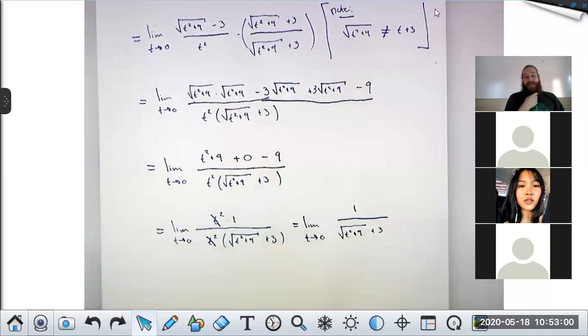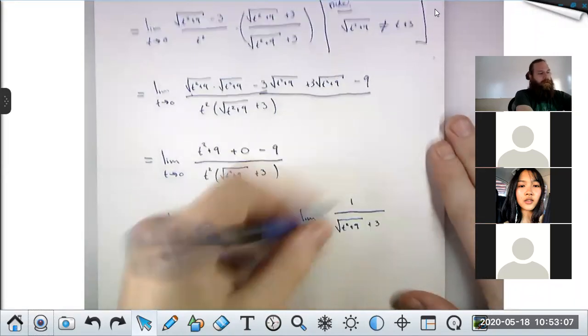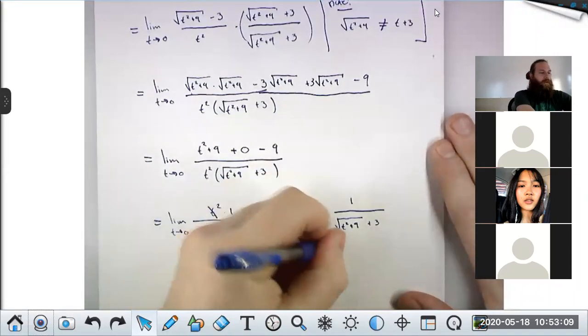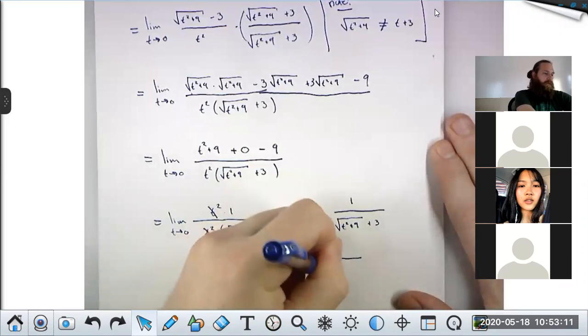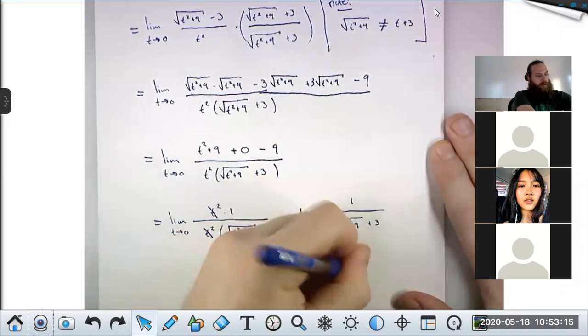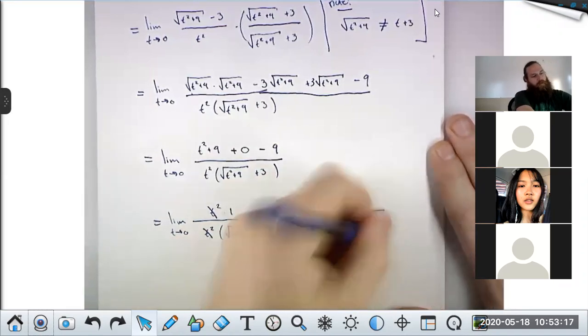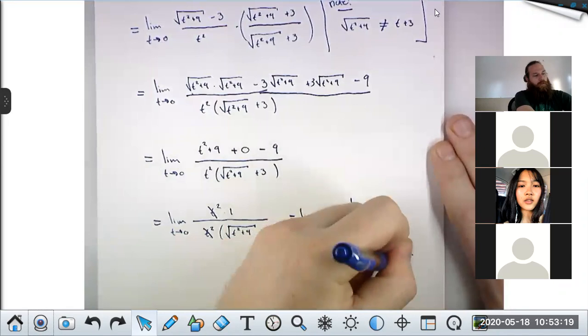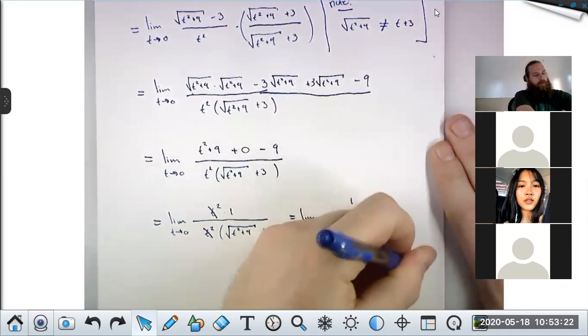And now as I send t to 0, the bottom no longer looks like 0. If I send t to 0, I get 1 over the square root of 0 squared plus 9 plus 3. That's 1 over the square root of 9 plus 3.